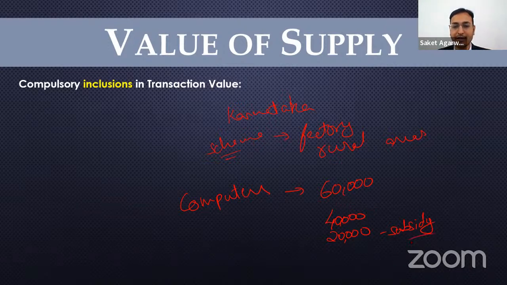So this subsidy is directly affecting the price. From 60,000 rupees, the price is falling to 40,000 rupees. So this is a subsidy directly linked to the price. My selling price has been reduced because I got this subsidy from the government.